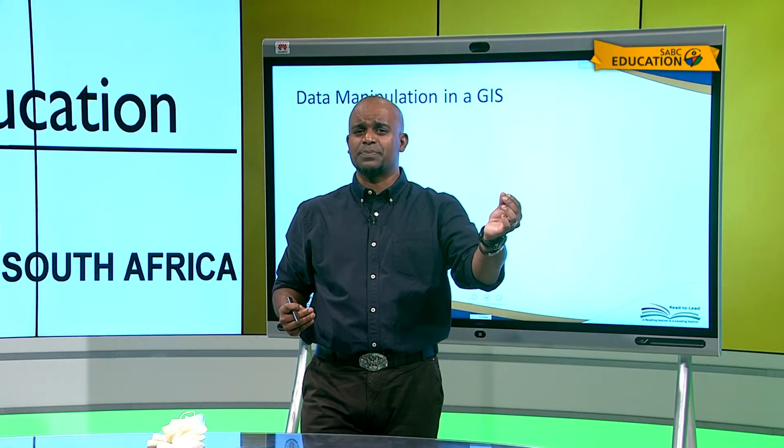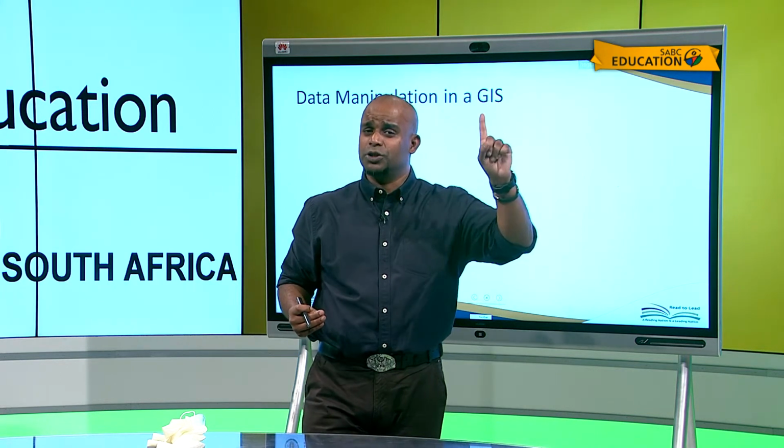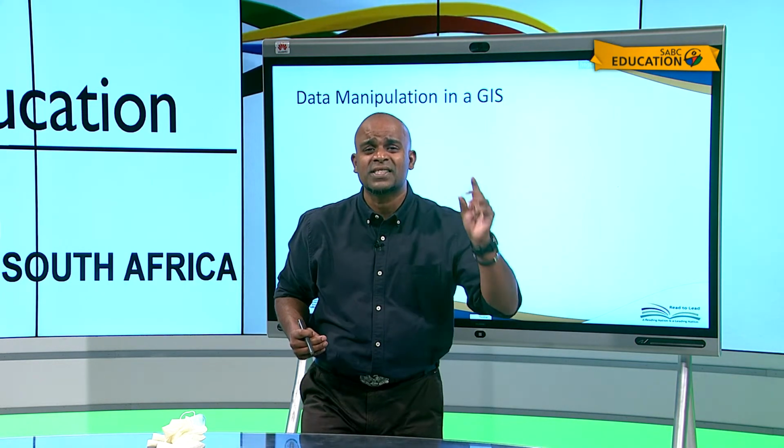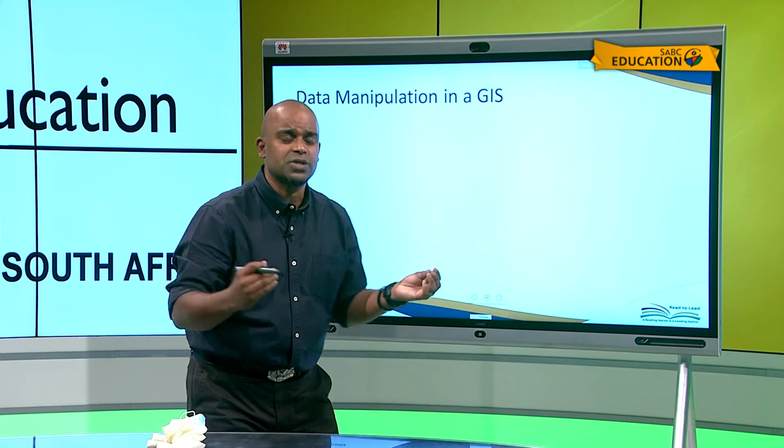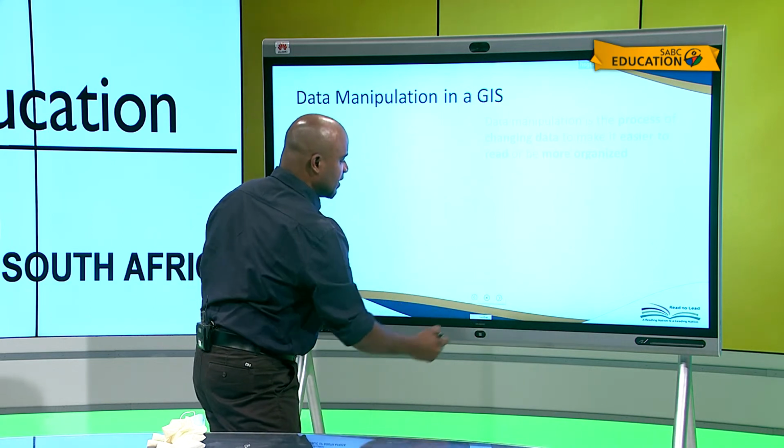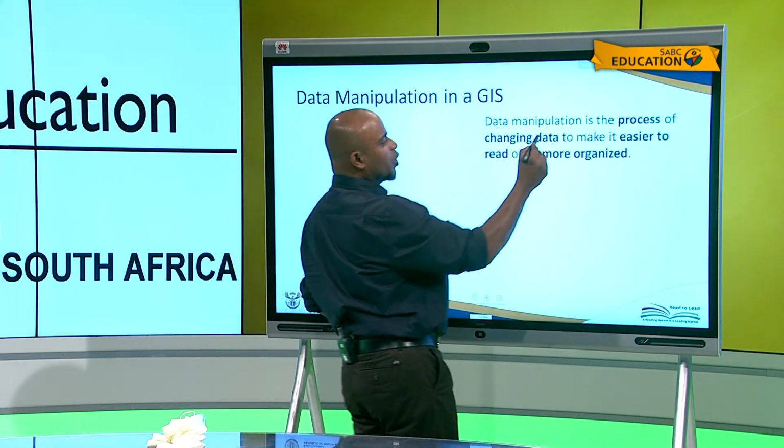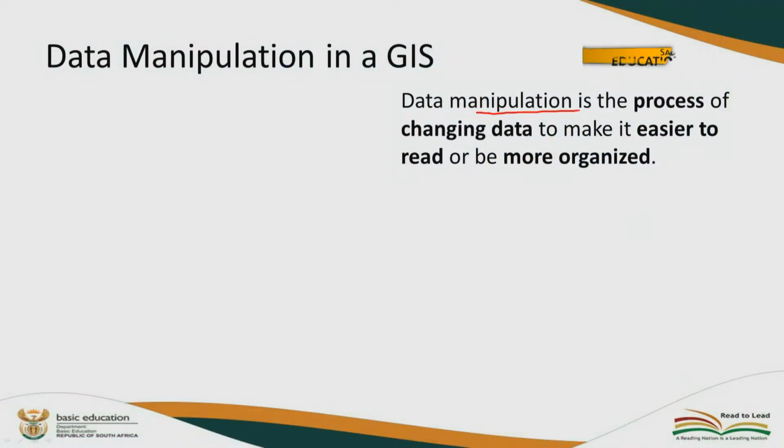My first question as a president to determine whether I should remove the lockdown is, where in South Africa is the most infection rates? And data, before we go further, data manipulation, remember, again, is a process of changing data. Notice my keyword, changing data into easier readable or more organized.